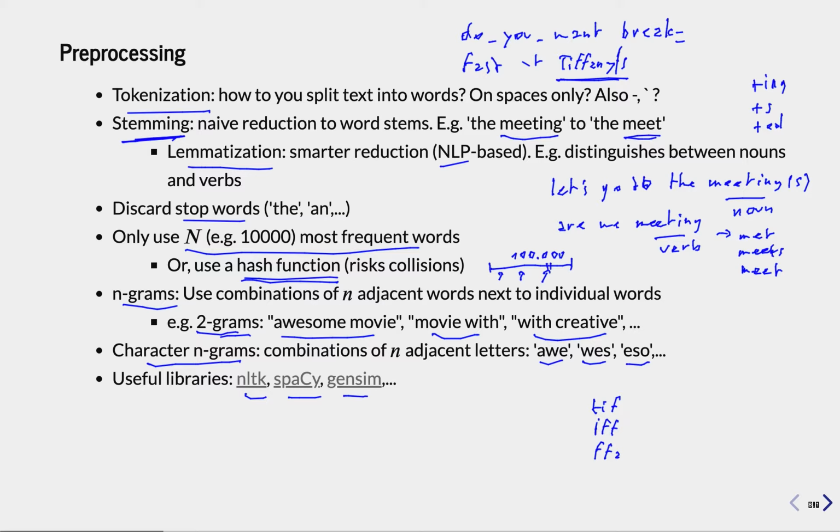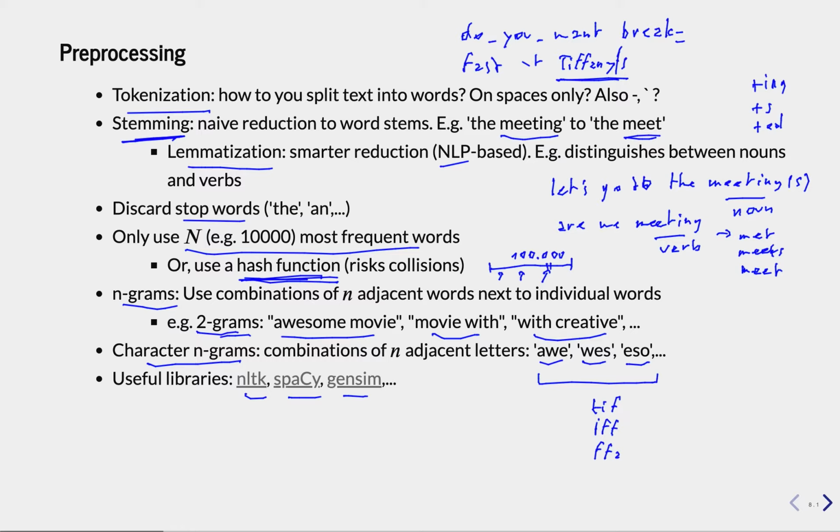Now, of course, you can again have a huge amount of possible letter combinations. So you don't only do this for 3-grams, but also for 4-grams, 5-grams, 6-grams, typically. So you end up with a lot of n-grams, and you typically want to then use a hash function again to control the number of n-grams you want to store in memory.